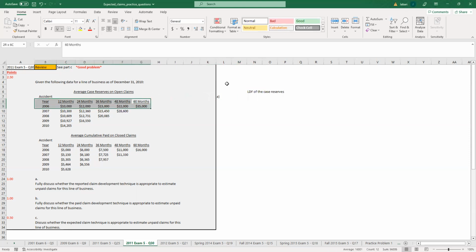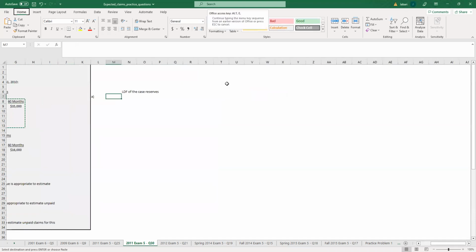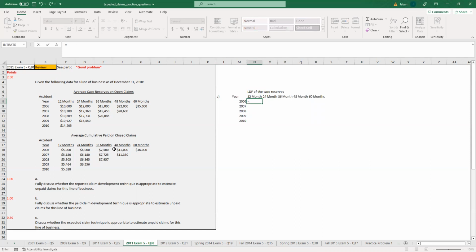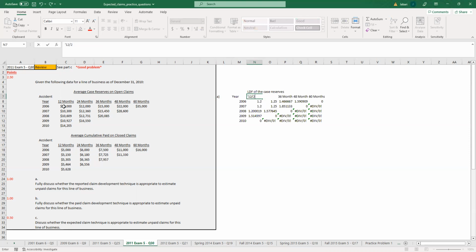Typically what I like to do is just take this entire triangle, copy and paste it. I'm using Alt-S to get this box here, although I'm not sure if the exam will allow that. And now just take this, that here. Fast way to get LDFs, and then Control-R, not Control-D. Cool. And of course you want to change these as well to 12 to 24, 24 to 36, 36 to 48.